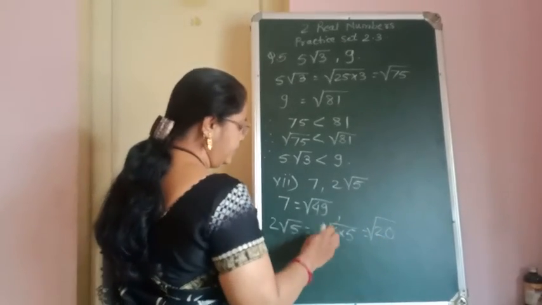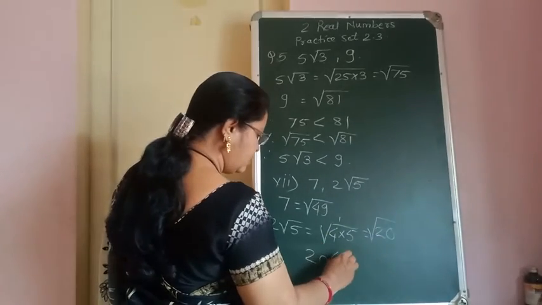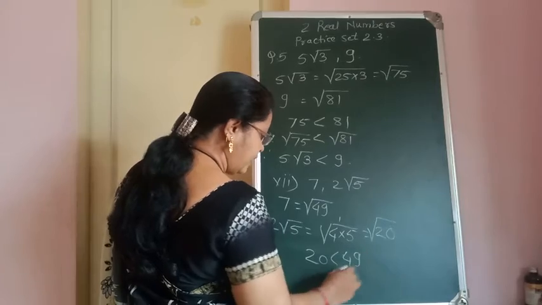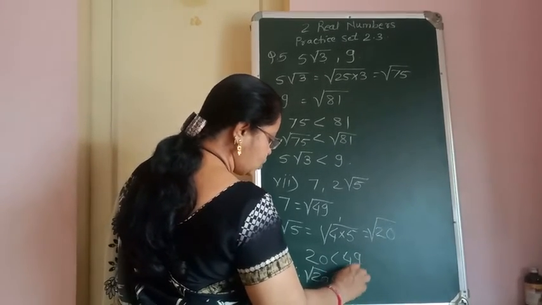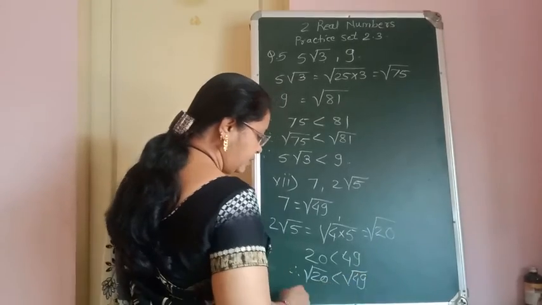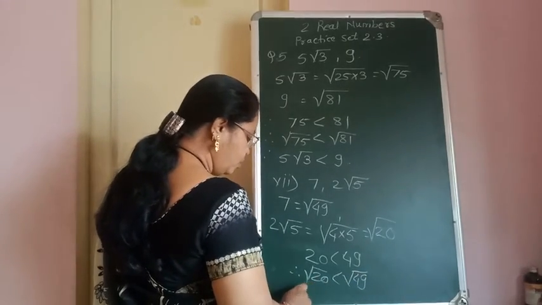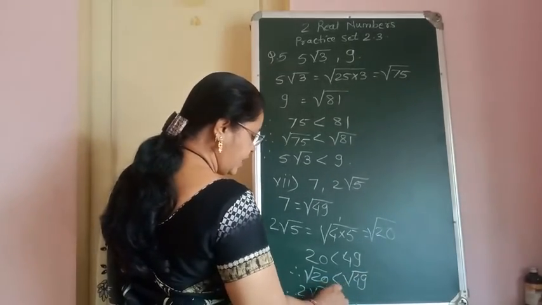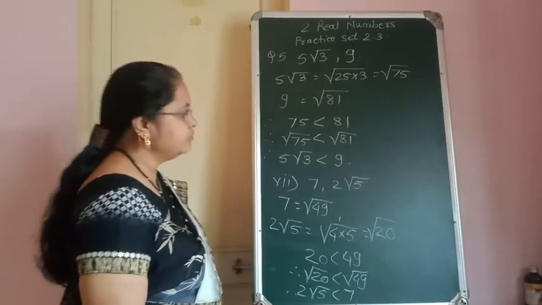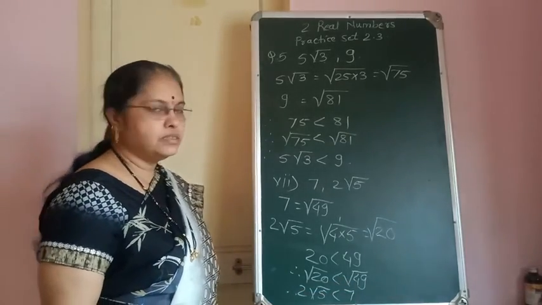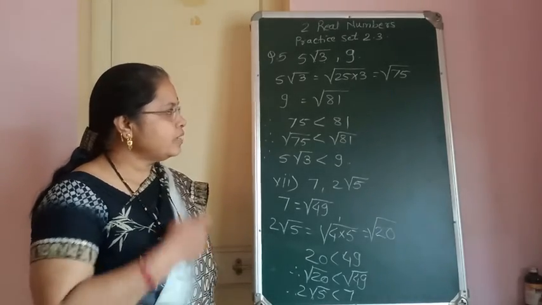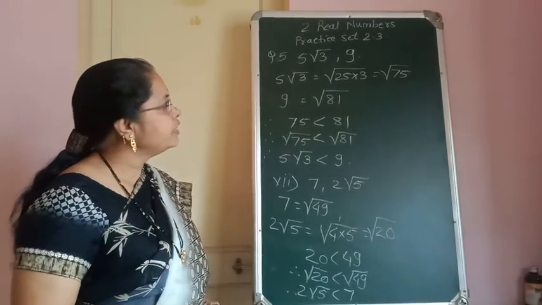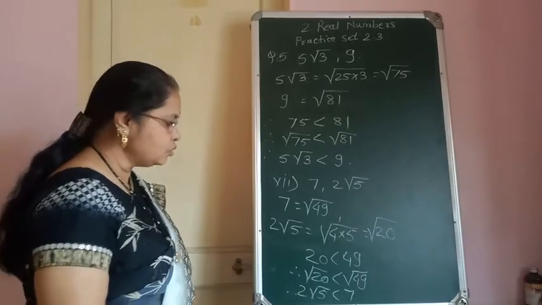So 20 is less than 49 and therefore square root 20 is less than square root 49, that is 2 root 5 is less than 7. So comparison of surds, order must be same, and by using the numbers under root sign we can compare these two surds.